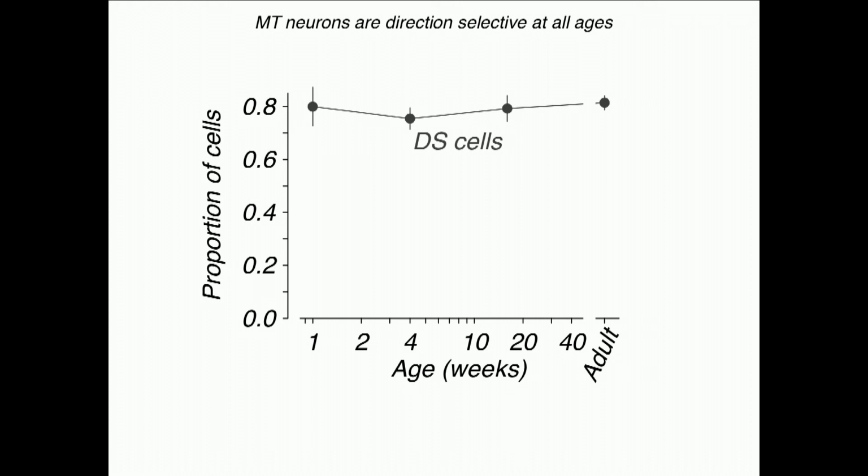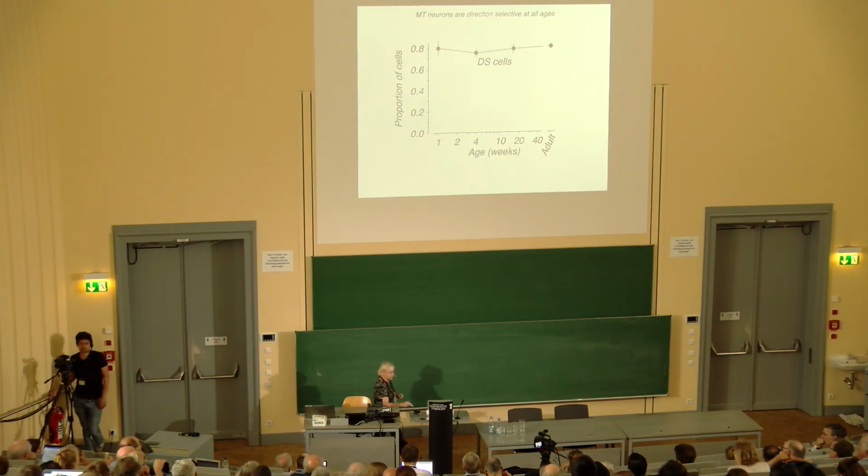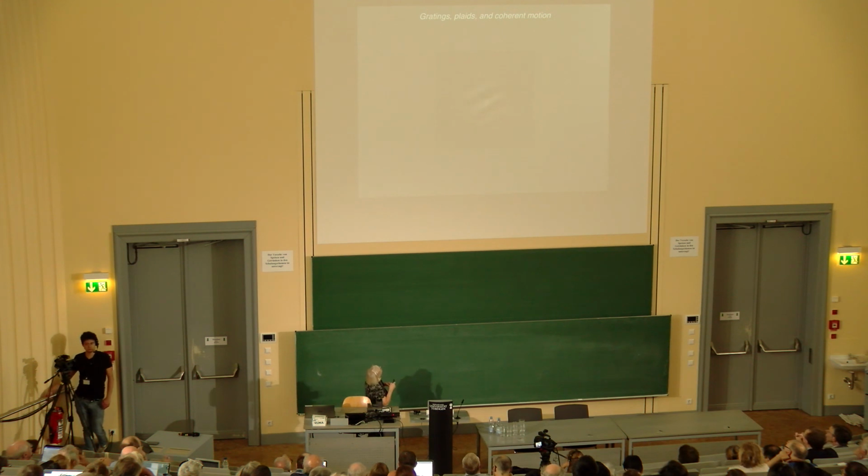Now, one thing that does change is a property that I think Tony mentioned briefly, which emerges at the level of MT and is not seen earlier than MT, and that's pattern direction selectivity. To give you a little intuition, these are just single gratings drifting in different directions, and you combine two gratings on top of one another, and you should get the image of a coherent plaid moving in a direction that's different from either of its component inputs.